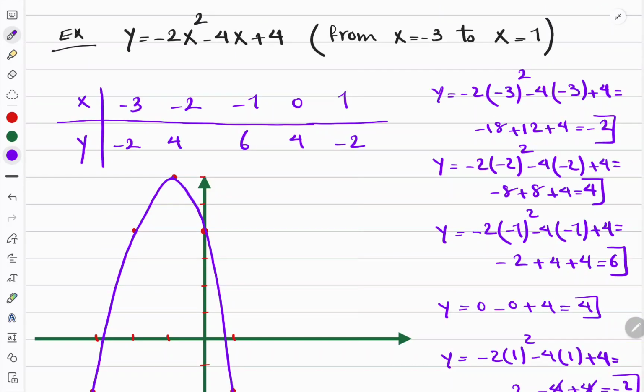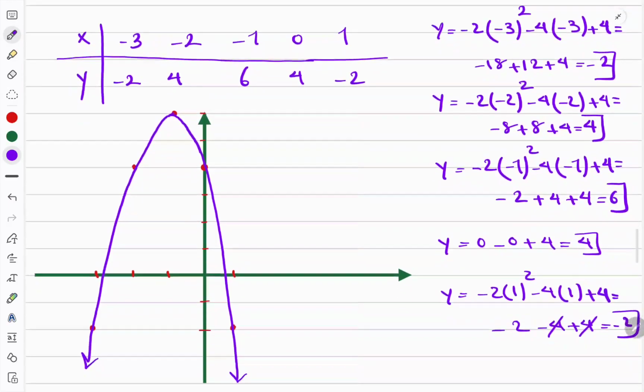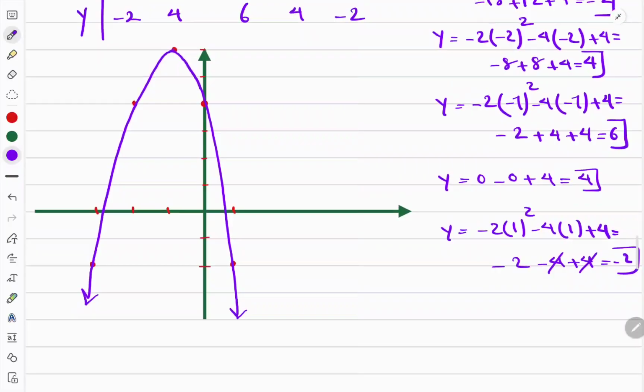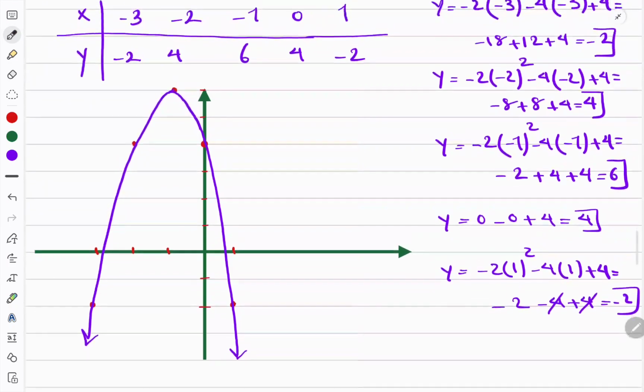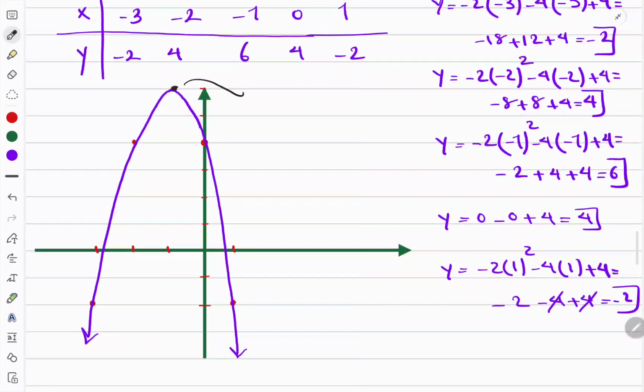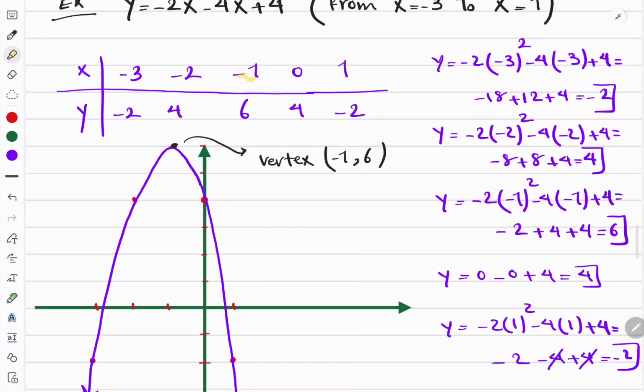Okay, we have drawn this parabola, -2x squared minus 4x plus 4, and the graph is something like that, and the vertex is here. Vertex is at -1 and +6, which is this point.